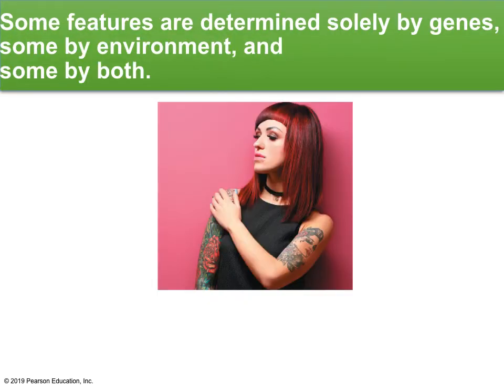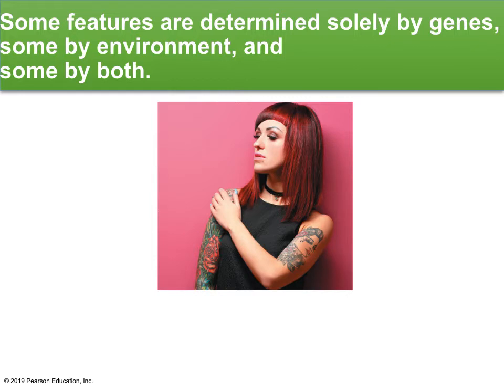Okay, some features are determined entirely by genes, some by environment, and some by both. Right? So something like the ability to process cholesterol properly is determined by genes. Whether or not you have a certain muscle tone or have a particular speaking voice, right?